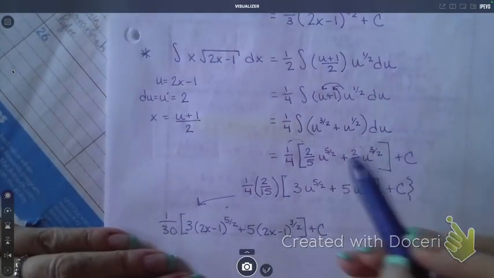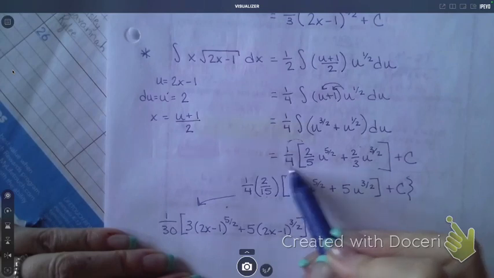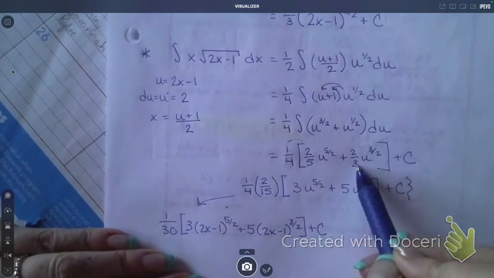Now, if I just distributed the 1/4 in, I'm going to distribute 1/4 to 2/5 and 1/4 to 2/3. Ready?